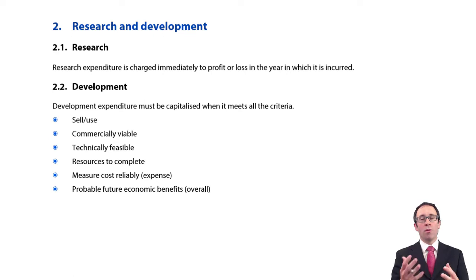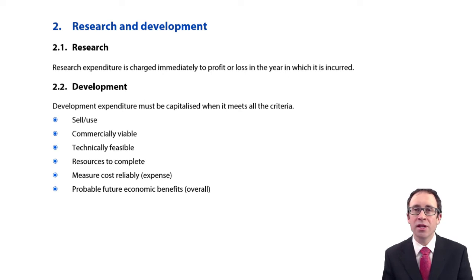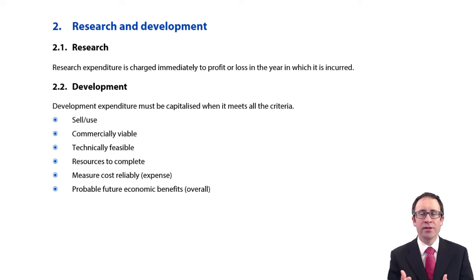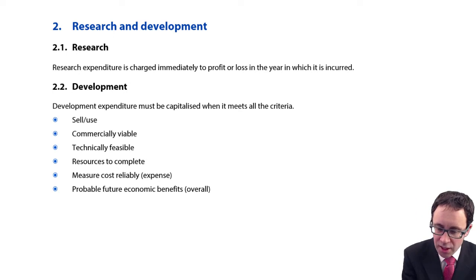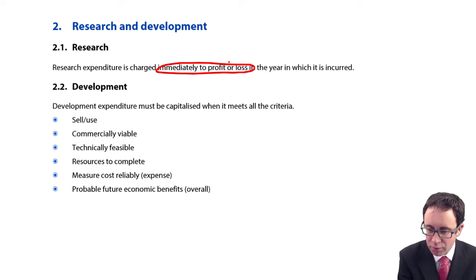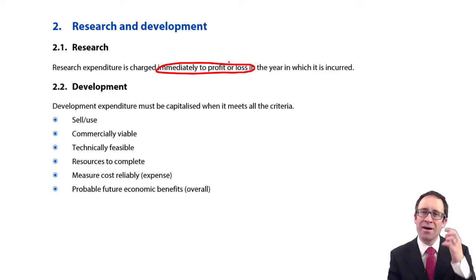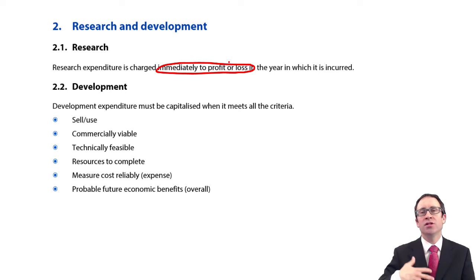So what we need to do now is look at the accounting treatment. It's quite simple in terms of the research expenditure, because research expenditure is always charged immediately to profit or loss. It can never ever be capitalized. It's too far removed from the finished developed drug.